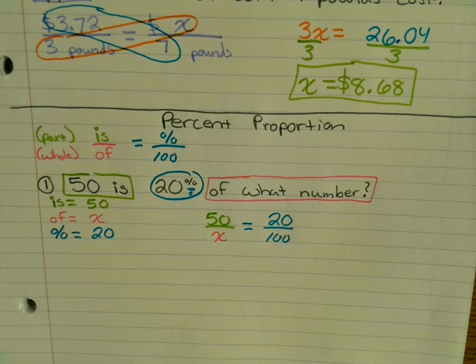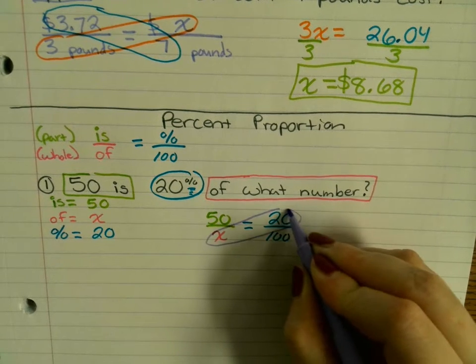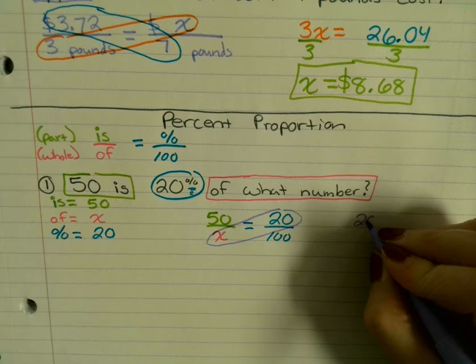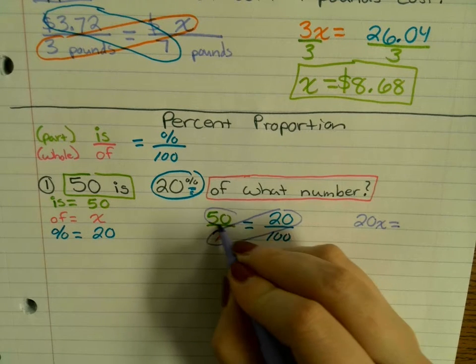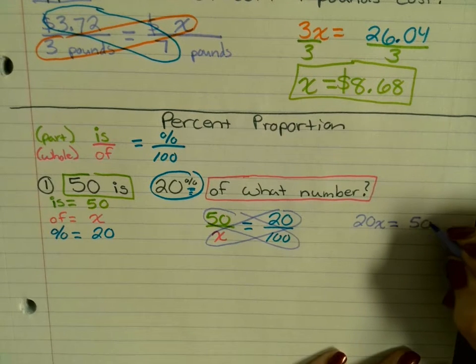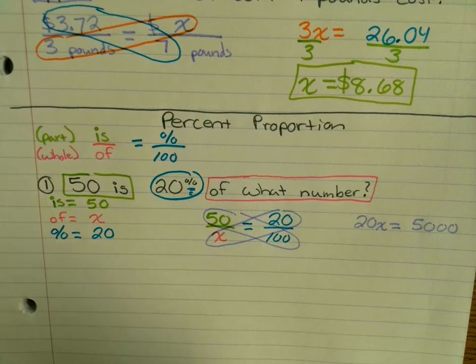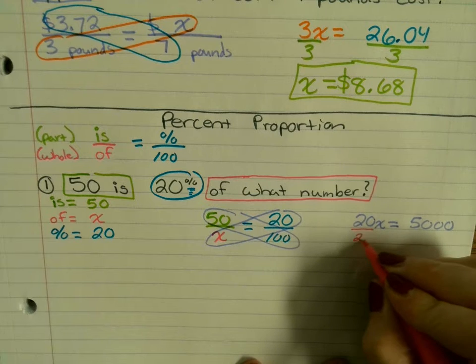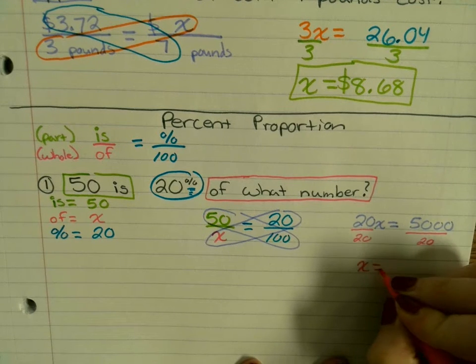We're going to multiply 20 times X to get 20X. Then we're going to multiply 50 times 100 to get 5,000. And the last thing that we're going to do is divide by 20. So we'll find out that X is going to be equal to 250.